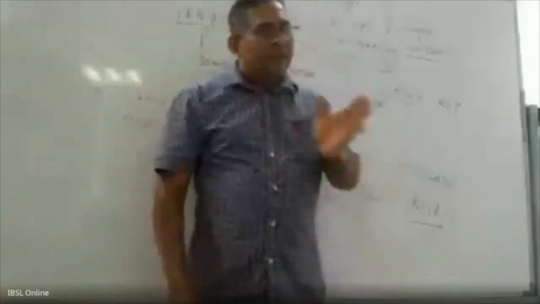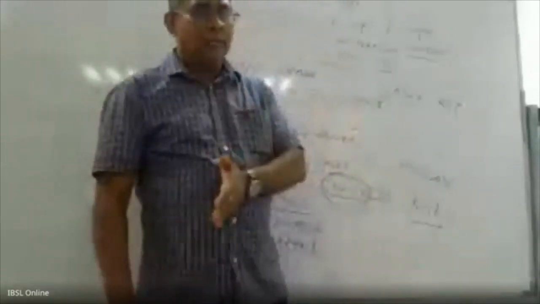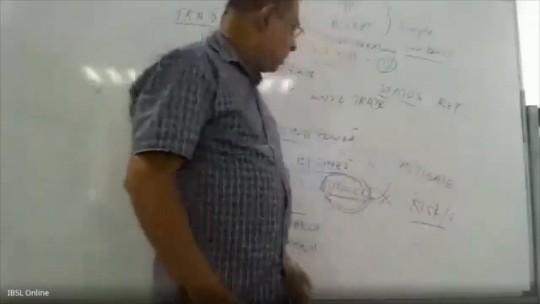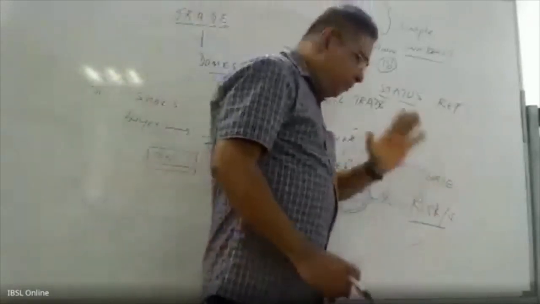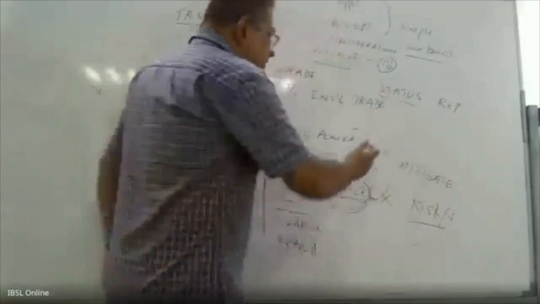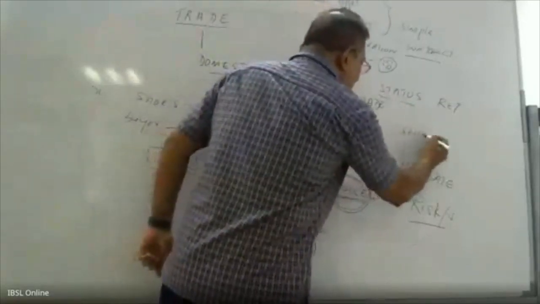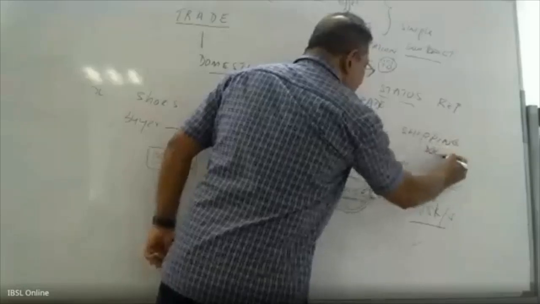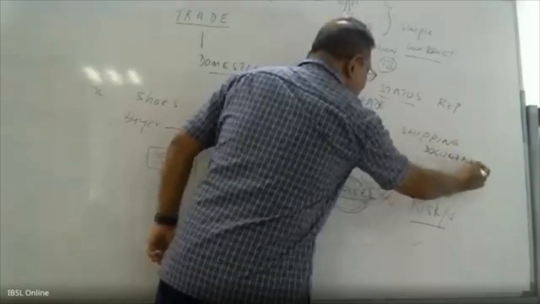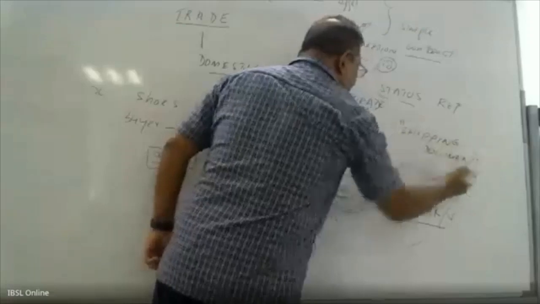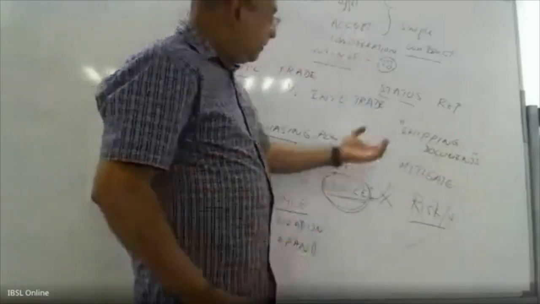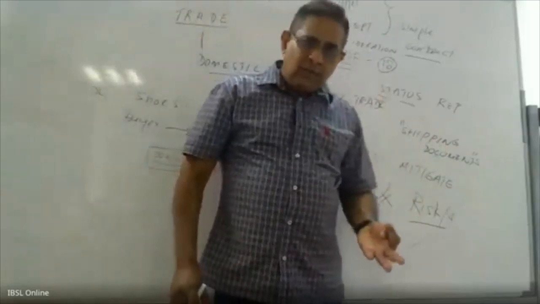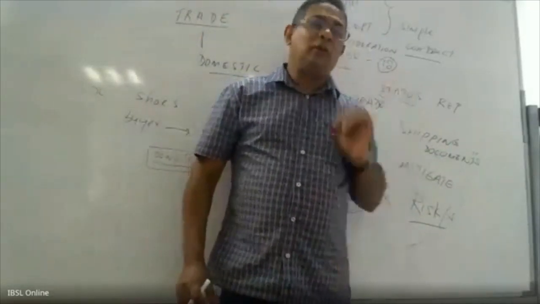Right? We'll discuss what documents we need in the third session. First of all, just remember these are shipping documents that I'm talking of. In the shipping documents, you have legal documents, financial documents, transport documents, and commercial documents.